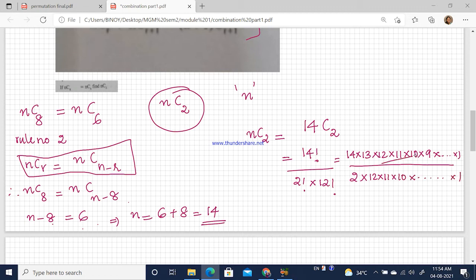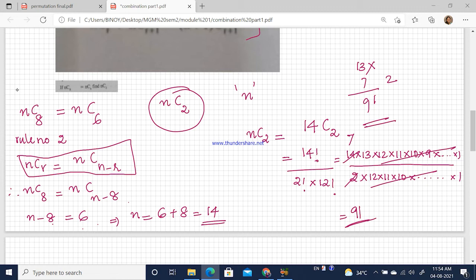So we can cancel these terms and divide the 14 by 2. So we get 7. So 13 times 7, which is 91. So NC2 means it is 91.